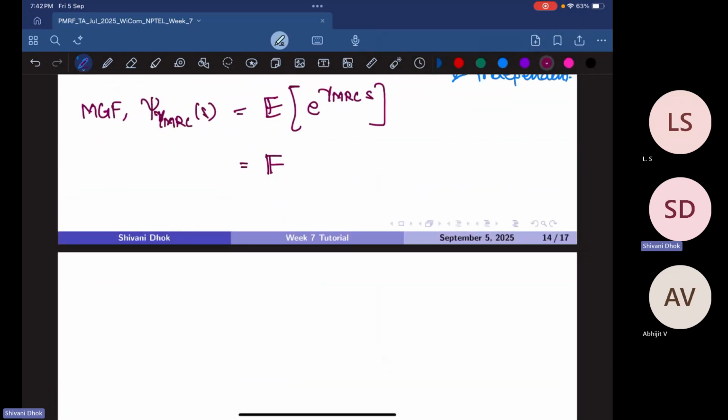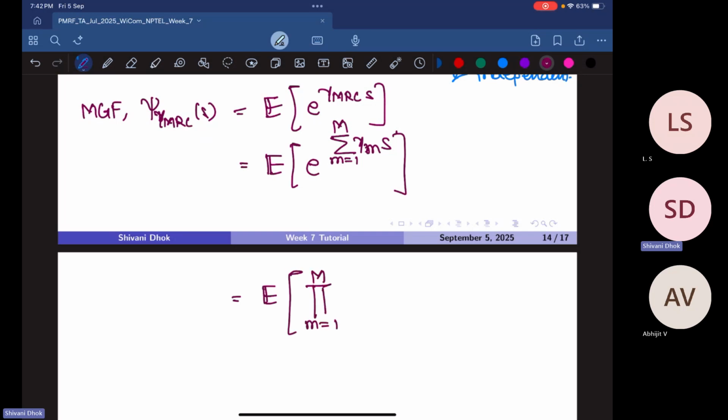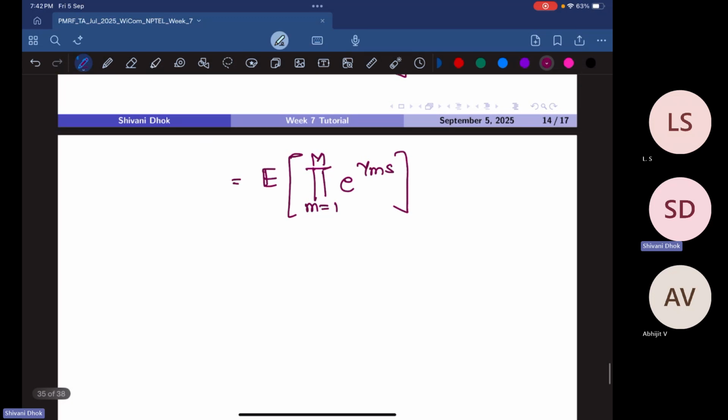So this is the expected value of e power summation m equal to 1 to capital M gamma m into S, which I can write as the expected value of the product over m equal to 1 to M of e power gamma m into S. Now, since the gamma m's are independent, I can push the expectation inside the product.